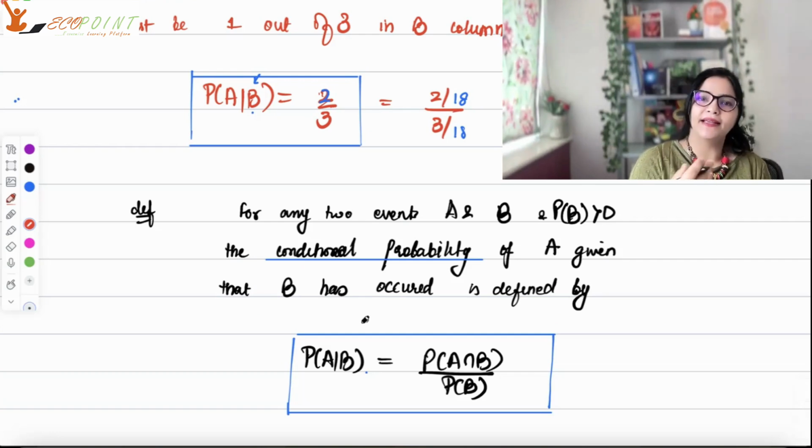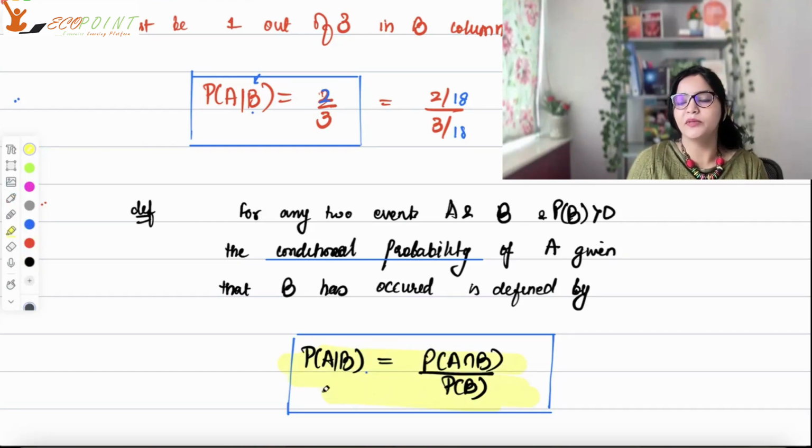Through examples, I worked it out with you to figure out the formula for conditional probability. The conditional probability formula: probability A conditioned on B is probability A intersection B upon probability B. So basically what happens in conditional probability is, you're saying that I want to know the probability that A occurs given B has already occurred.